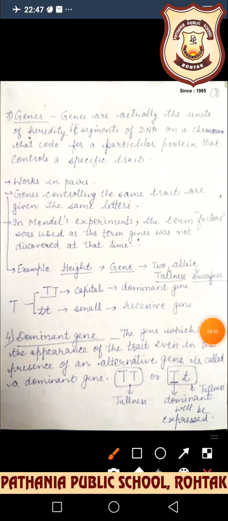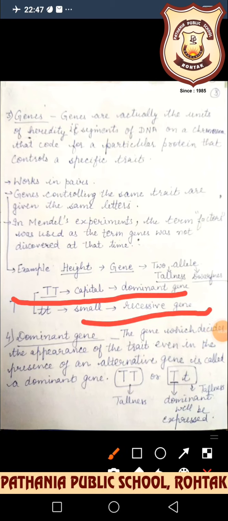Then comes the question: what is the dominant gene and what is the recessive gene? The gene which decides the appearance of a trait even in the presence of an alternate gene is called a dominant gene.